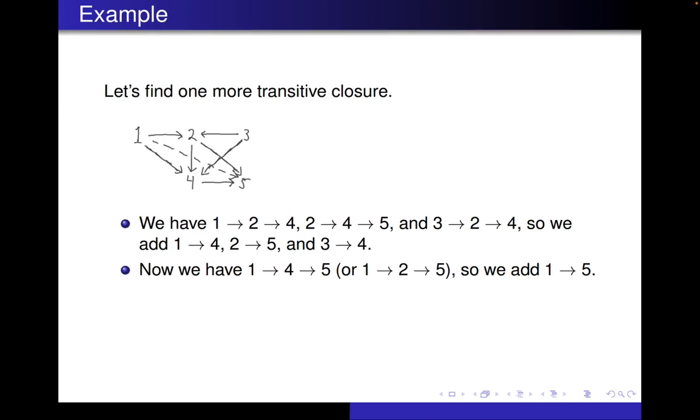There it is, right? And we still have more arrows to draw because now we have an arrow between 3 and 2. And we also have an arrow between 2 and 5 that we have to worry about. So that demands an arrow between 3 and 5. And actually, that's not the only one. We have 3 pointing to 4, pointing to 5. That also is saying, hey, draw an arrow between 3 and 5.